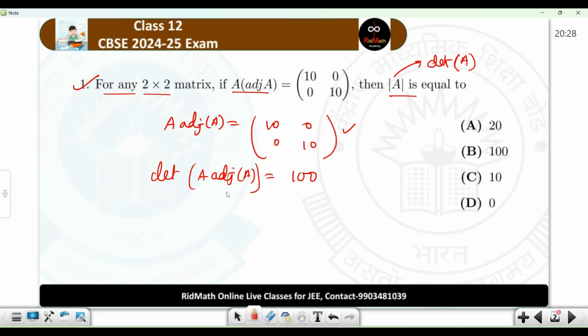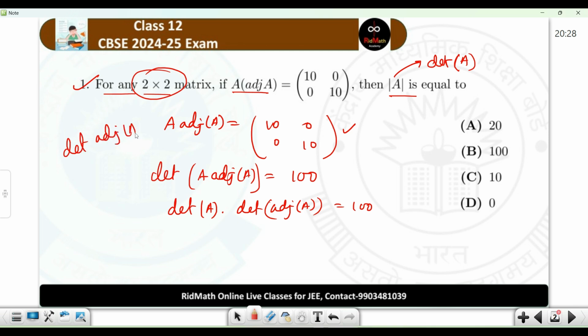So what is det of A into adjoint of A? This is determinant of A into determinant of adjoint of A, and this is equal to 100. This is a 2 cross 2 matrix, and the determinant of adjoint of A is equal to det A to the power n minus 1.